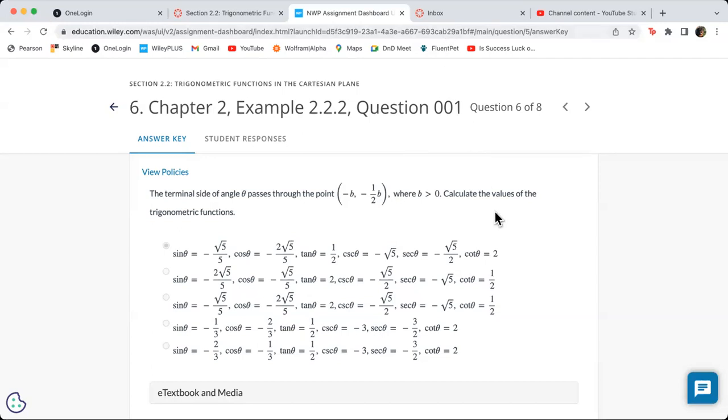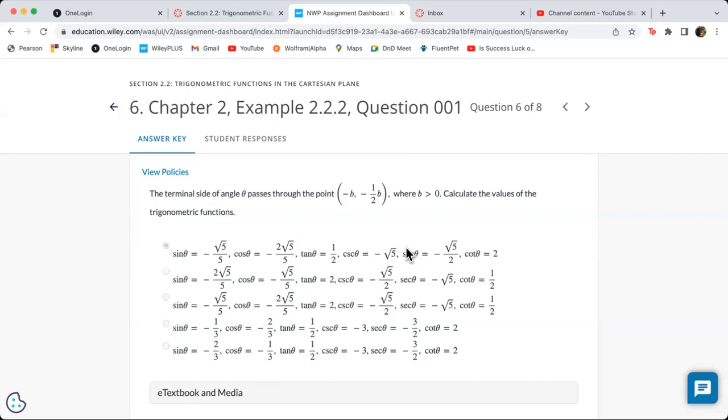So one of the things that you can do when you're dealing with a multiple choice type problem, this is not really helpful in learning trig, but it is helpful in doing trig homework, is that sometimes you can rule things out. So for example, we have these 5 choices. One of the things that I noticed was that sine is √5/5, cosecant is √5.